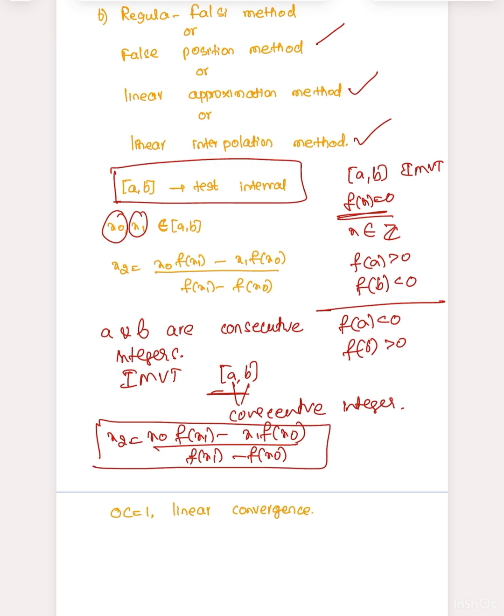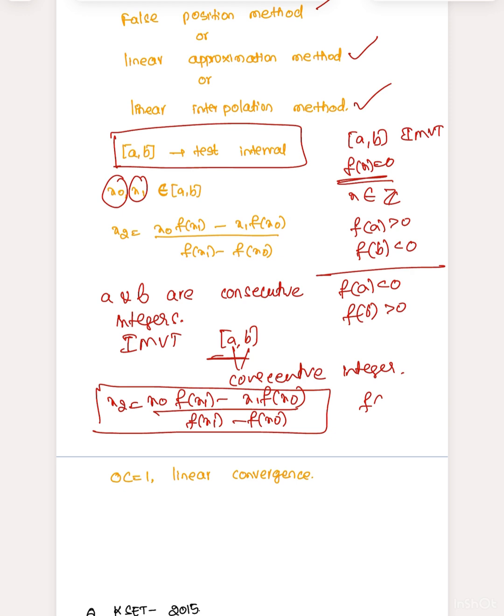Now after the first iteration, in order to go to second iteration, what we have to do is check the sign of f of x2. Based on the sign of f of x2, we have to club x2 with either x0 or x1.